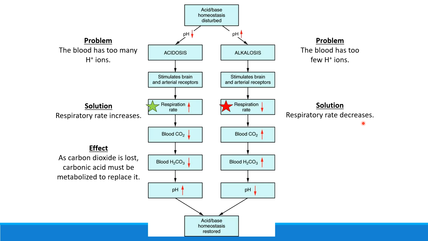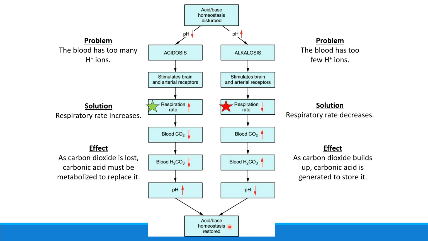Because as we decrease the breathing rate, the amount of carbon dioxide in our bloodstream is going to go up. And we have to do something with that carbon dioxide. We have to turn it into carbonic acid. Carbonic acid is something that helps to drop the pH. We drop it back to our normal homeostasis range, and at that point, our respiration rate will go back to normal.